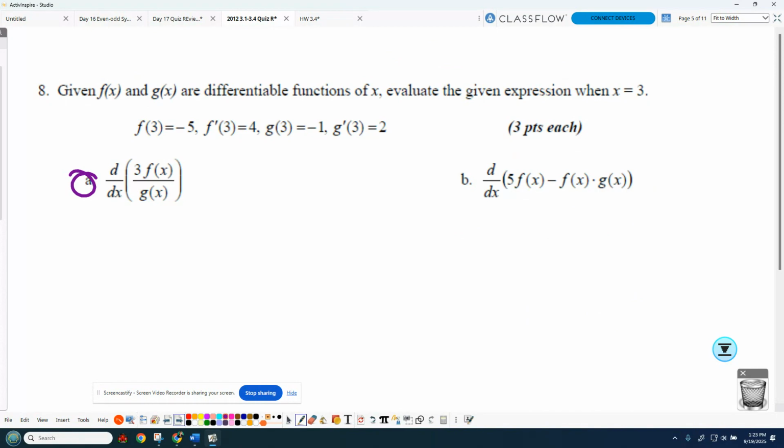Could you do 3 over g(x) times f(x)? Can I take the whole stupid 3 out, and do that, and then do the 3 at the end? As long as you don't forget that it's there, that actually cleans things up a lot. That 3 being in the way is like a big old speed bump. Y'all get tripped up by it.